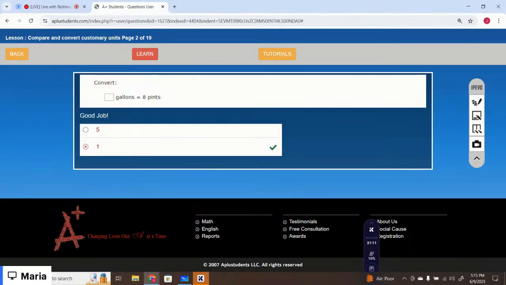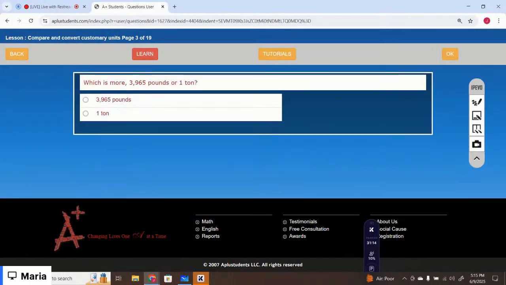Option number two is the correct option. Which is more, 3,965 pounds or 1 ton? Option number one is the correct option.